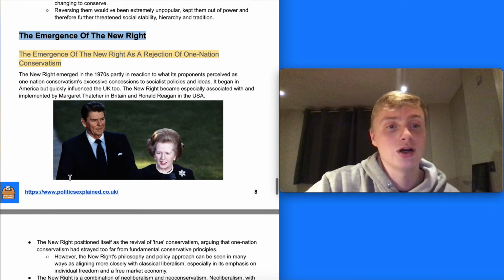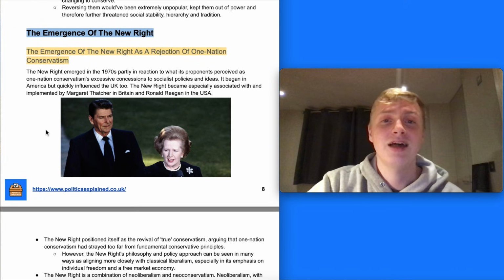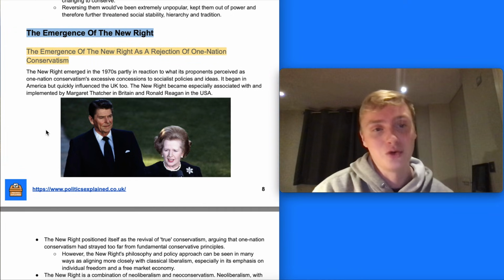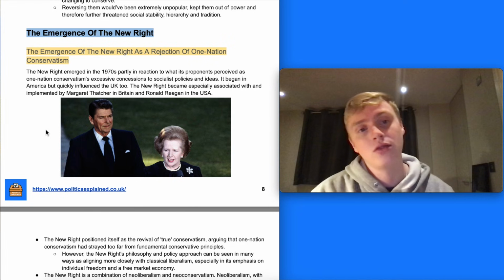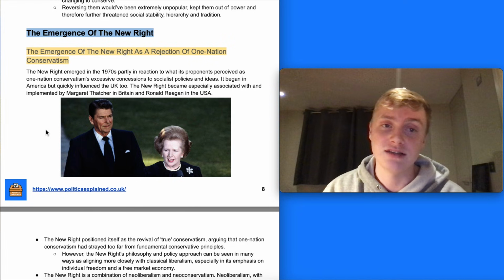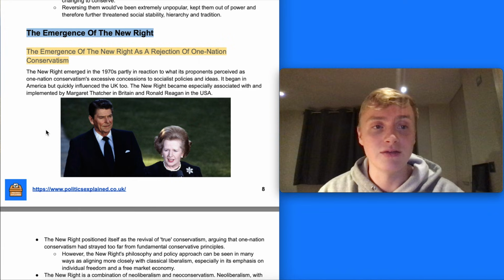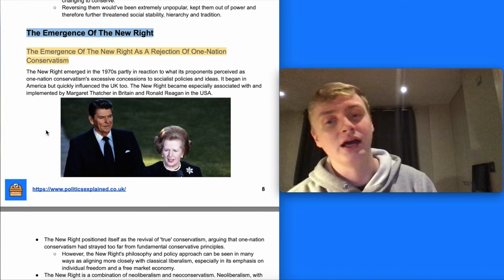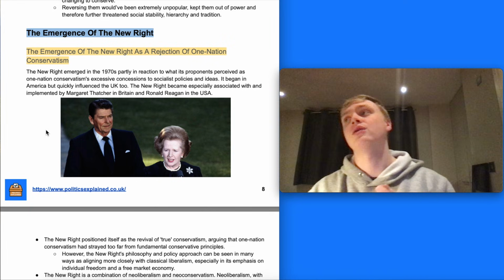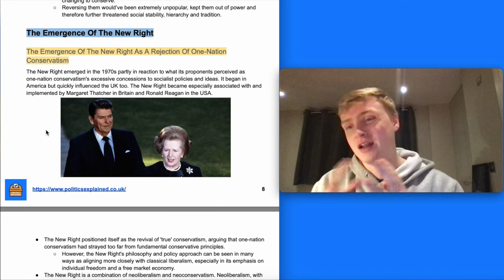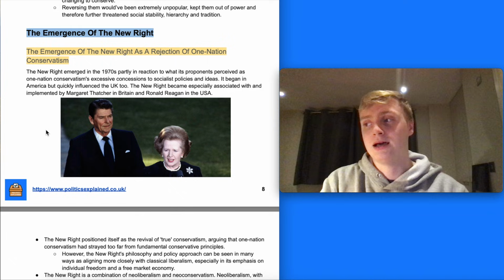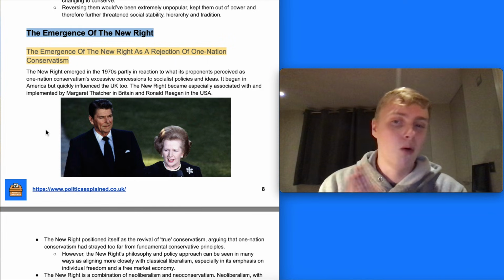What we're now going to have a look at, two key figures here, Reagan and Thatcher, is the emergence of a strand which had a very, very different approach to One Nation Conservatives. So, the new right emerged in the 1970s in reaction to what its proponents perceived as One Nation Conservatism's excessive concessions to socialist policies and ideas. So, this is partly what it grew in relation to. It was also a real growth in America of neoliberalism and neoconservatism, as ideas that got imported into the UK as well.